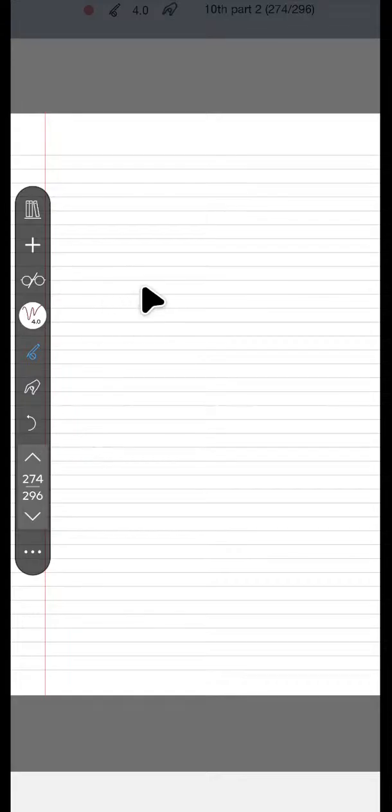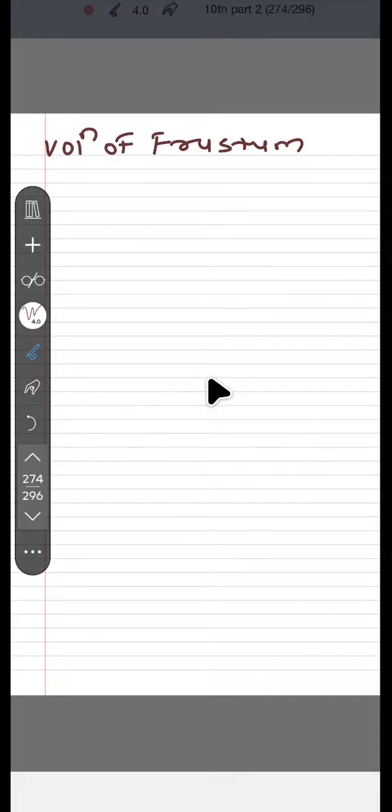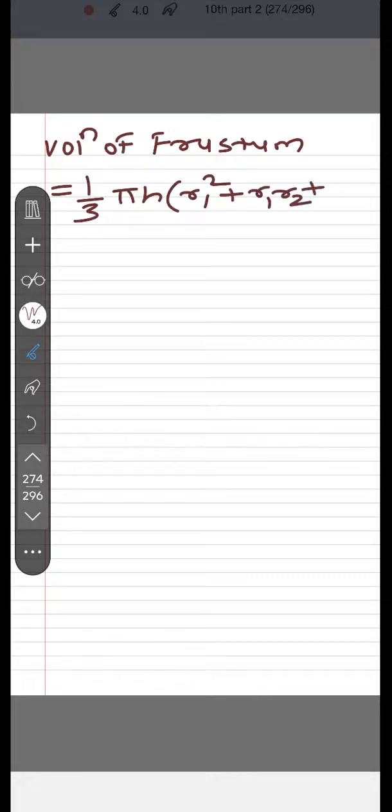The slant height L is equal to 10 centimeter, we have already found it. Now the volume of a frustum is equal to 1 upon 3 pi h in a bracket r1 square plus r1 r2 plus r2 square.